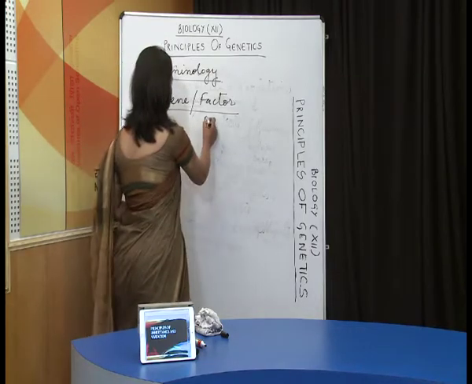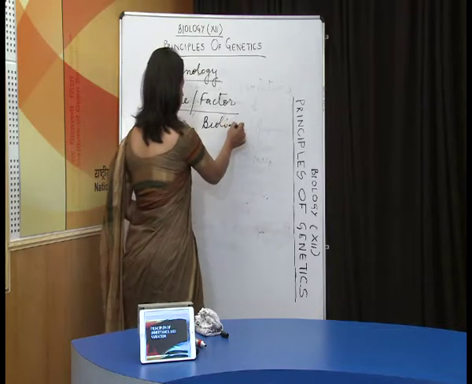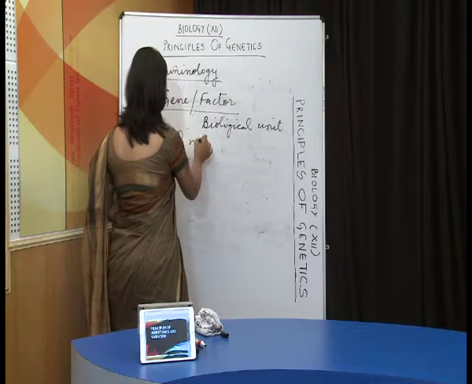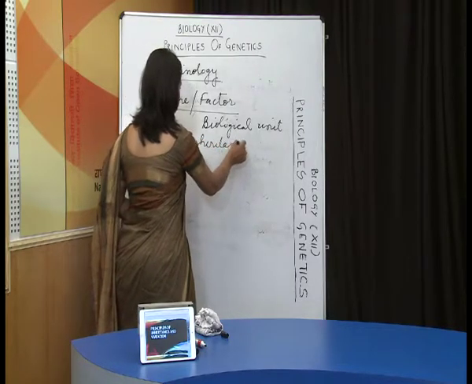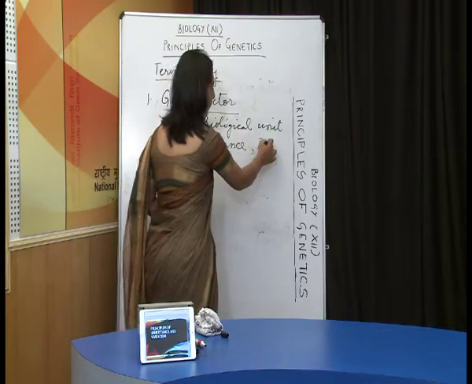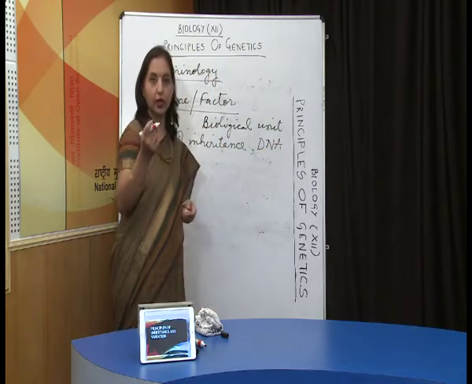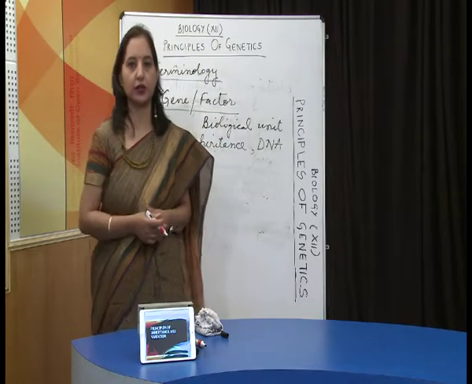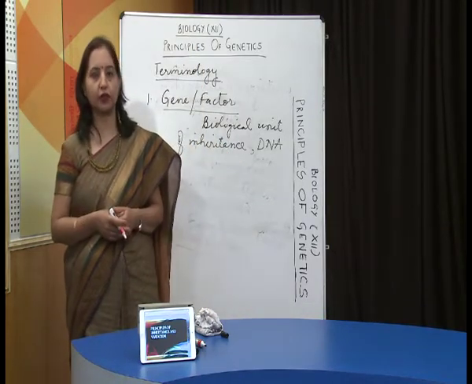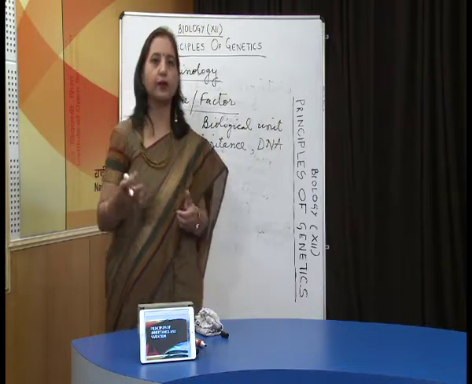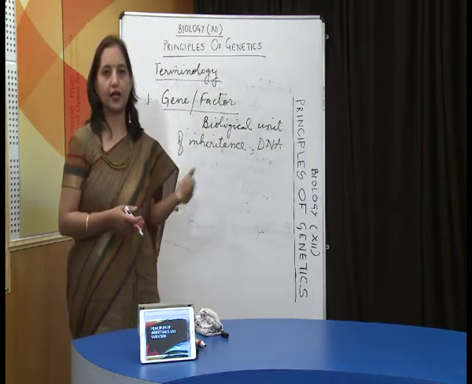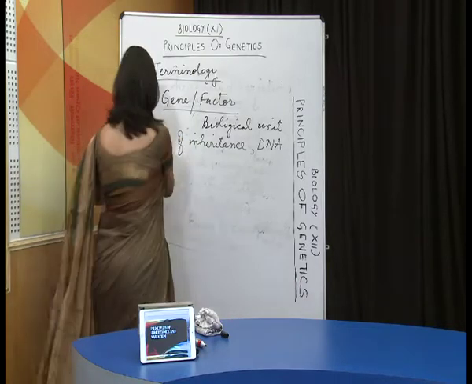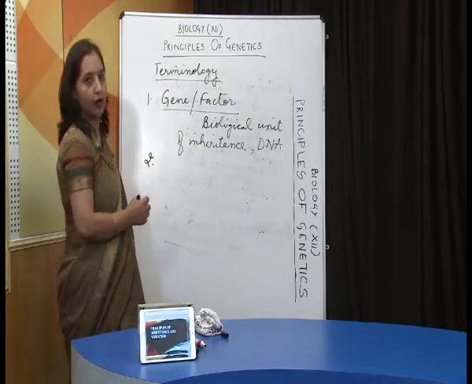Gene is the biological unit of inheritance, and it is made up of DNA. So the unit which is transferred from parents to the next generation and which is responsible for the passing of characters is known as gene, and at that time Mendel called it factor. Second term is allele or allelomorph.